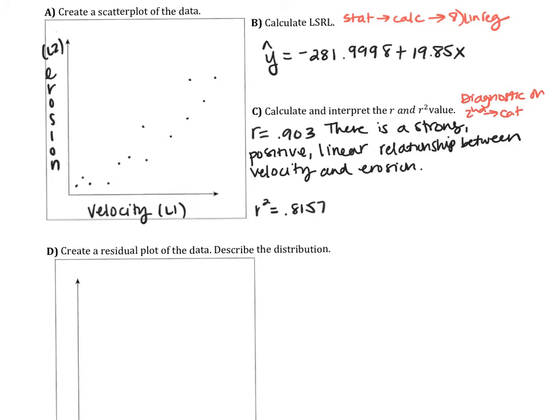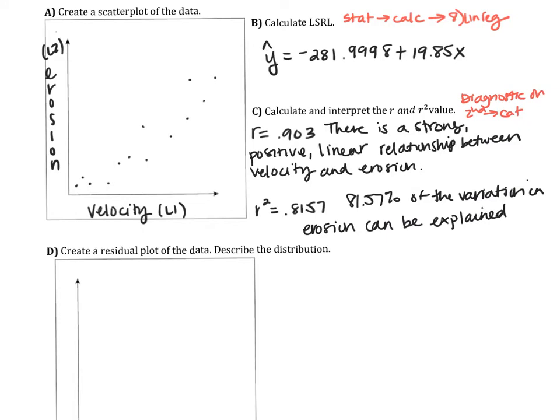All right, r squared, 81.57% of the variation in y, which is erosion, can be explained by the linear relationship with x, which is velocity. All right, very important that we know how to interpret these two values.